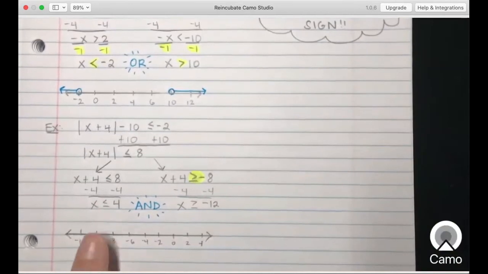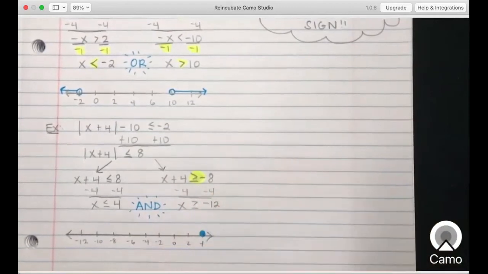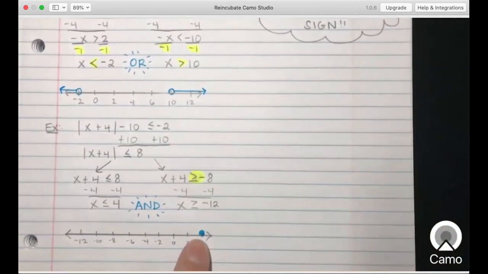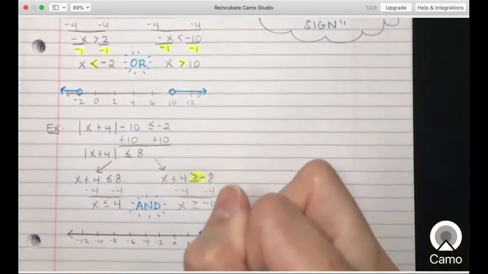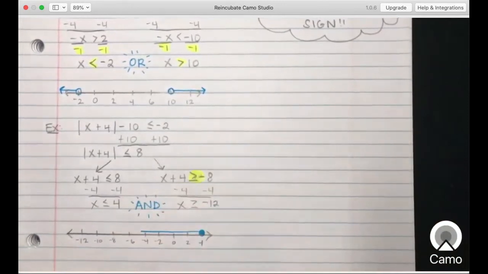So we have less than or equal to 4, and this is inclusive. So we have that equal to, so we can put a closed dot at 4, and it's going to be anything less than that. So we are going this way, right? Anything less than that.